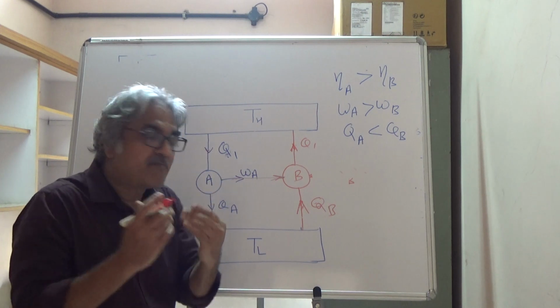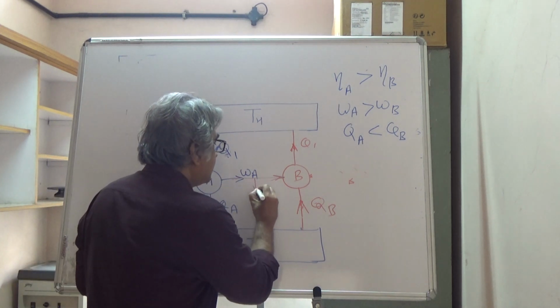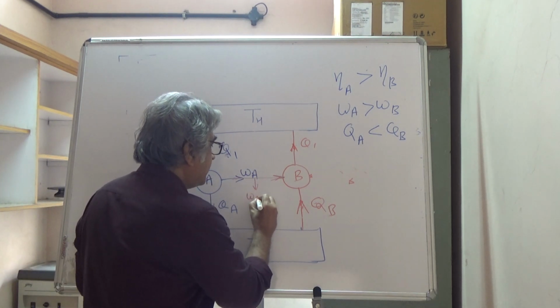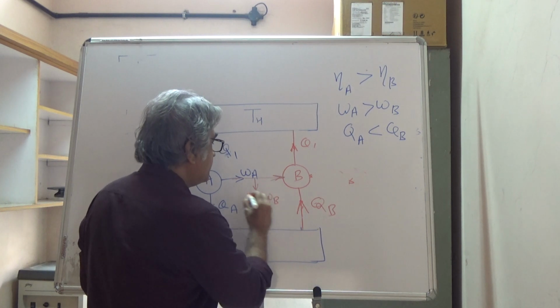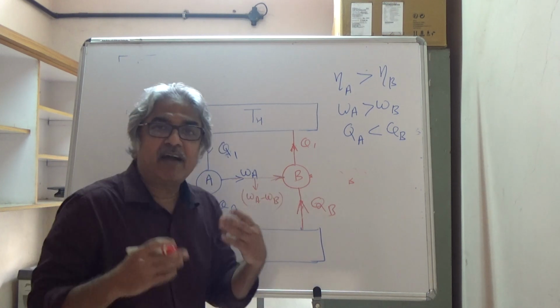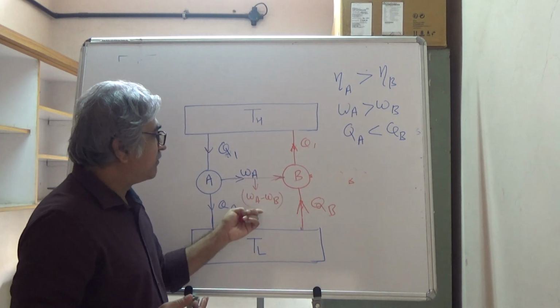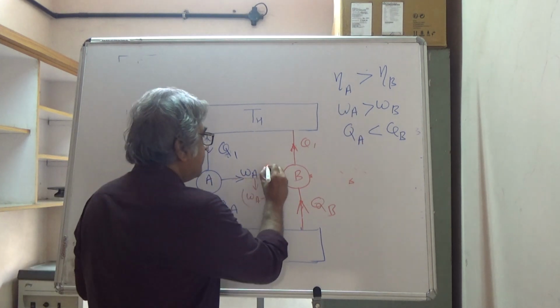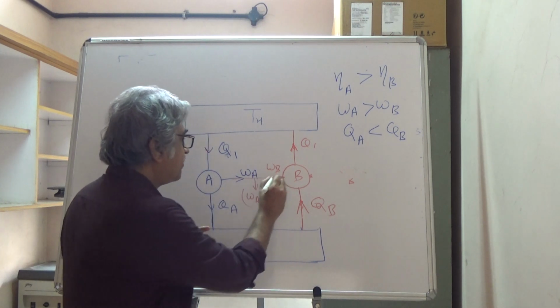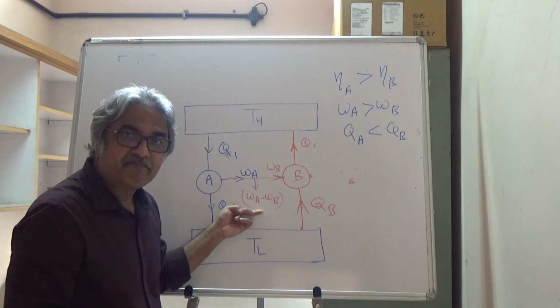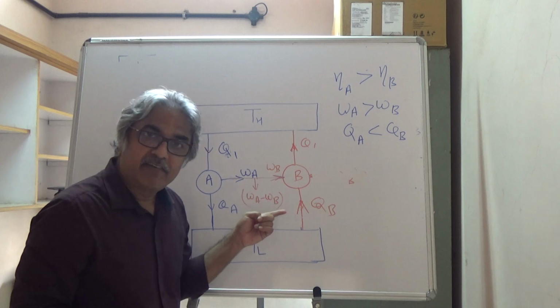So you can have some work which is available to you as WA minus WB. Because this pump required WB which was less than WA. So WB gets supplied here, but the remaining is work, right? And that net work is available to you.